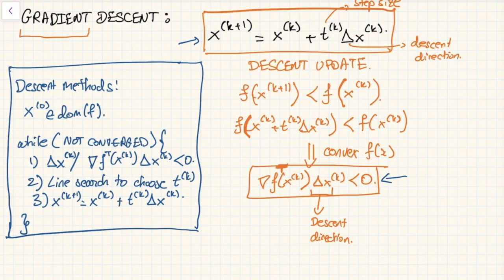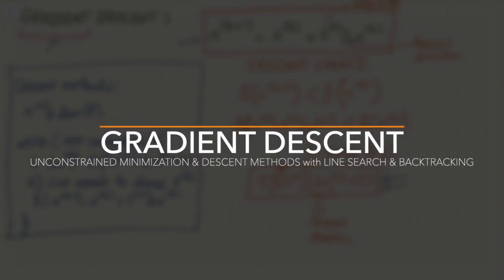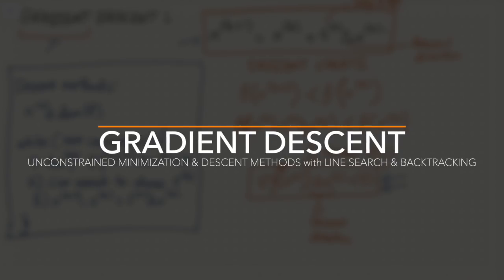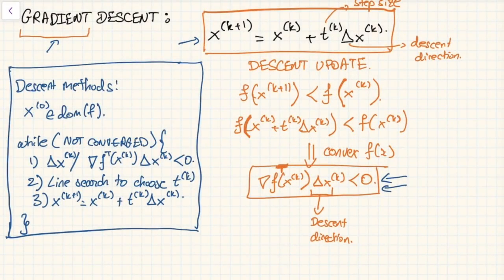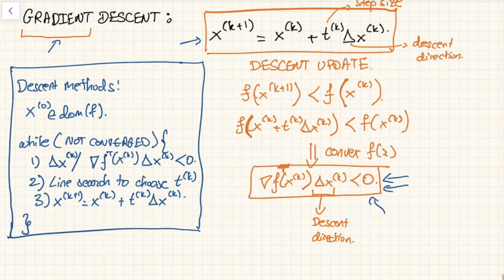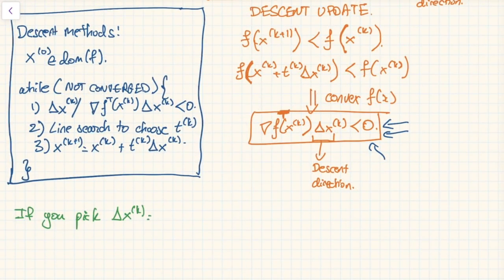Now, where does the word gradient and descent come into play? Remember that we said each descent direction should satisfy this inequality right here. One choice of your descent direction is the negative of the gradient. That is, if you pick delta xk to be minus the gradient of f at xk, then guess what? This inequality is always satisfied.